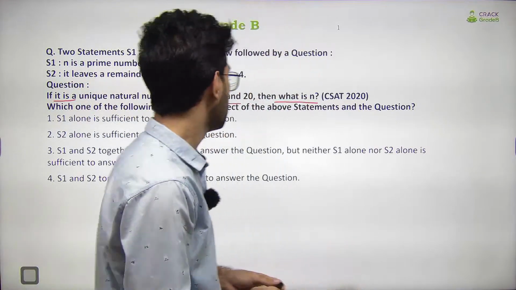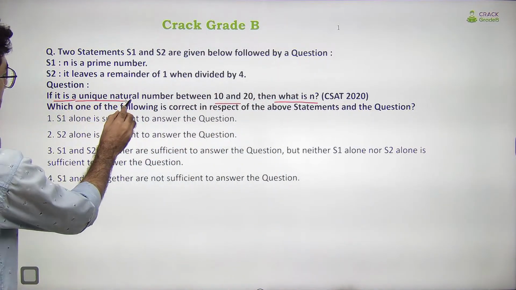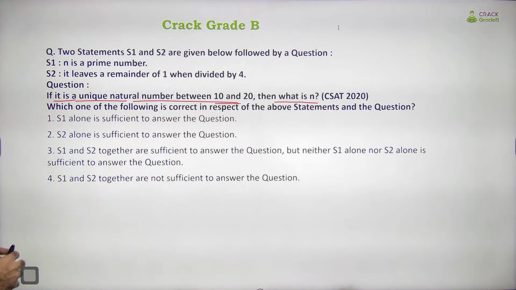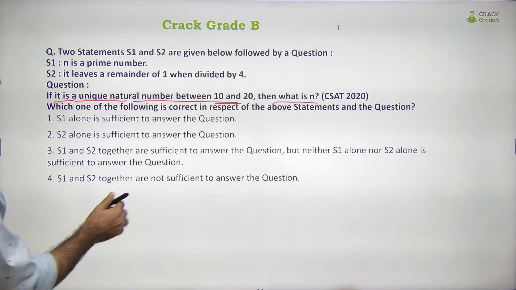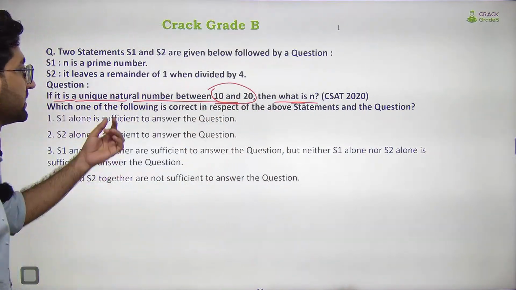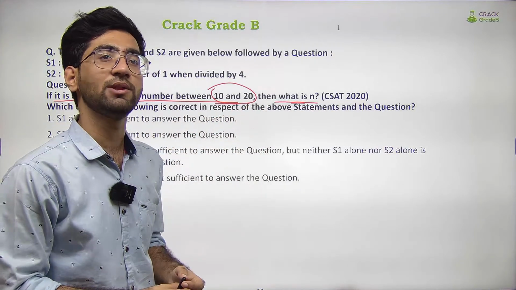So let us look at this line first. If n is a unique natural number between 10 and 20, then what is n? Between 10 and 20, what are the possible values of n?